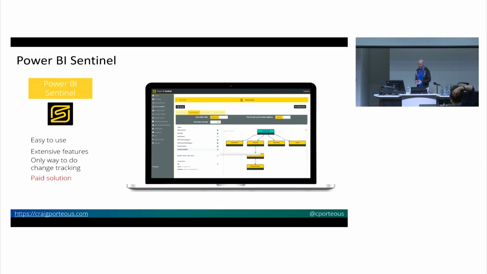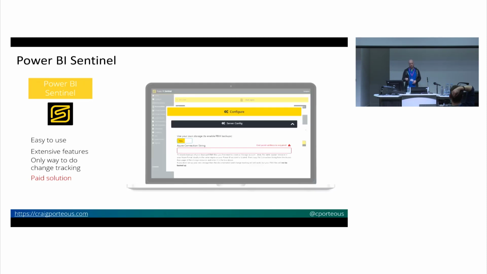There's full lineage built in there as well, which is coming to Power BI, but it's already within Power BI Sentinel. One of the main benefits I found was as soon as I turned it on, it asked me for a connection string for blob storage. Once I set that up, it was a case of automatically backing up all of your workspaces and all of your reports, or unticking the ones you don't want monitored.